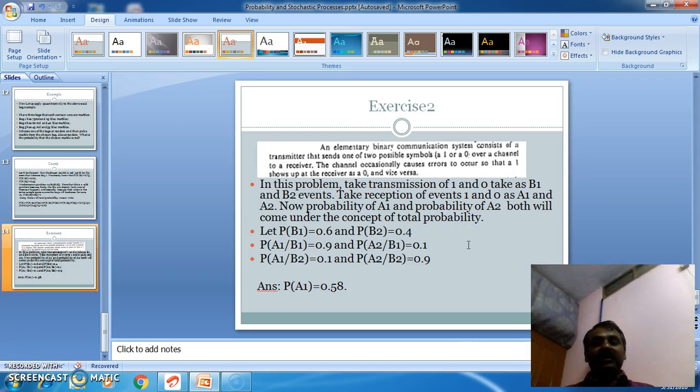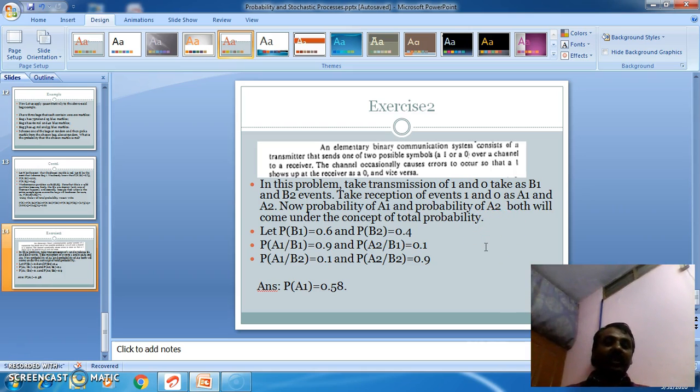In this problem, take transmission of 1 and 0 as B1 and B2 events. Take reception of 1 and 0 as A1 and A2. Now, probability of A1 and probability of A2 both will come under the concept of total probability. Let P of B1 be equal to 0.6 and P of B2 be 0.4.